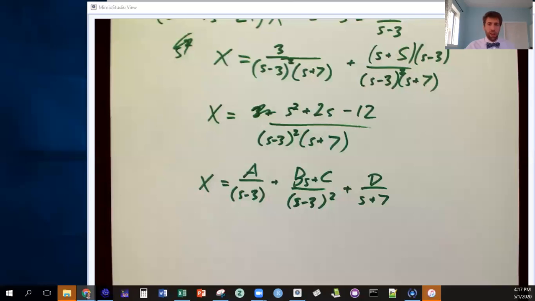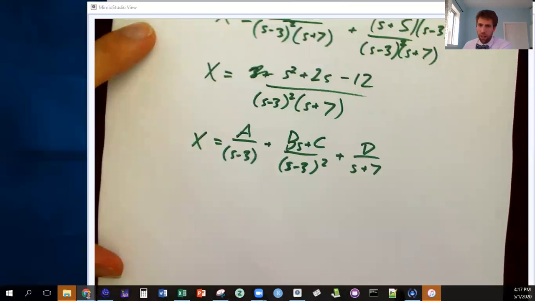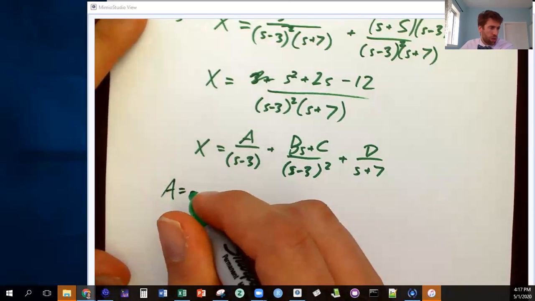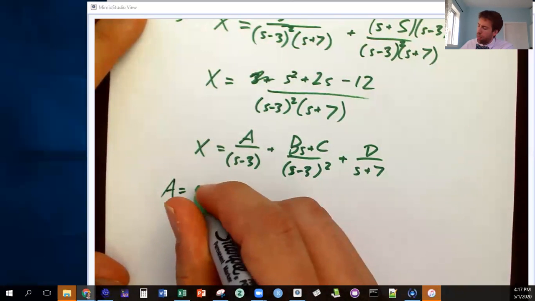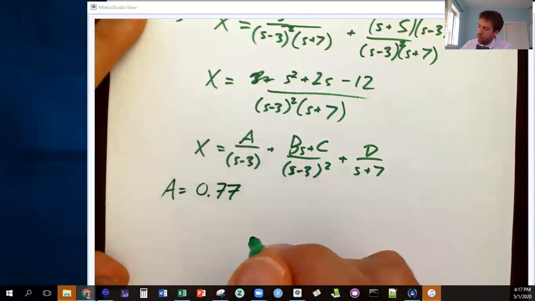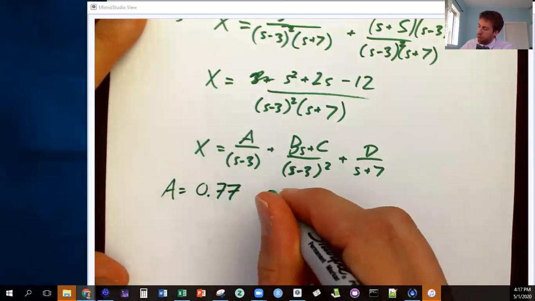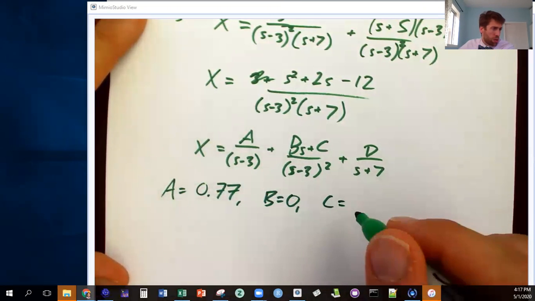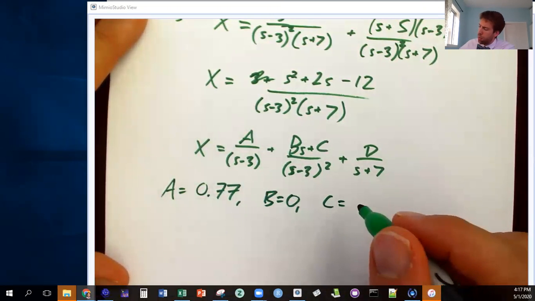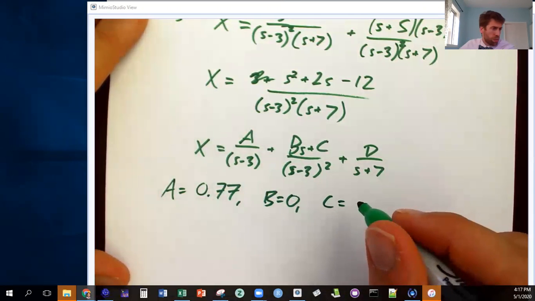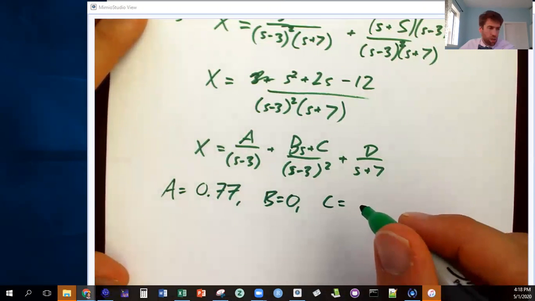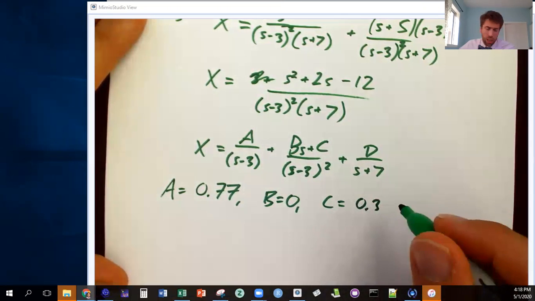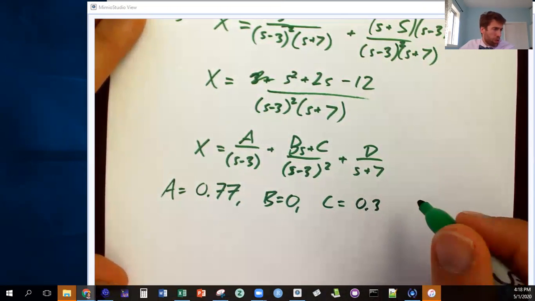And we're back. So now we have A equals 0.77, exactly 77 over 100. B equals 0. C equals 3/10 or 0.3, and D equals 0.23.